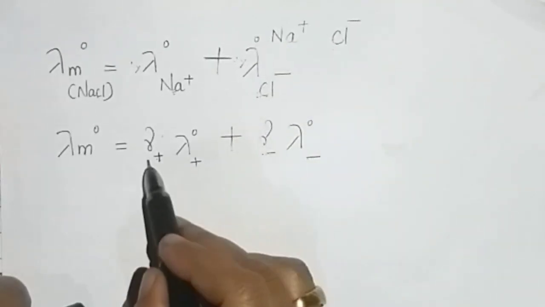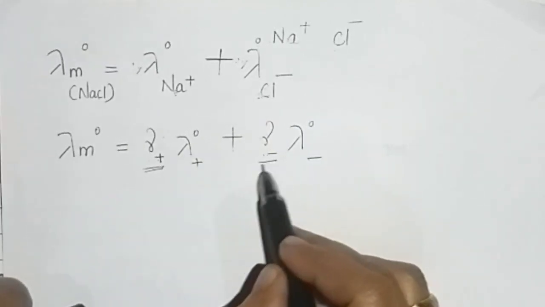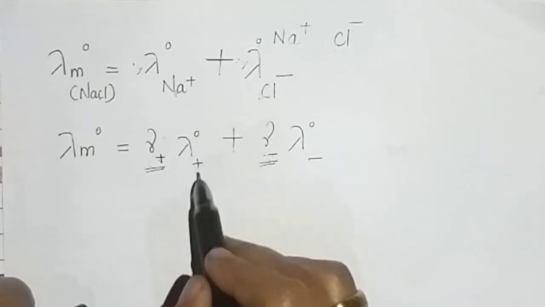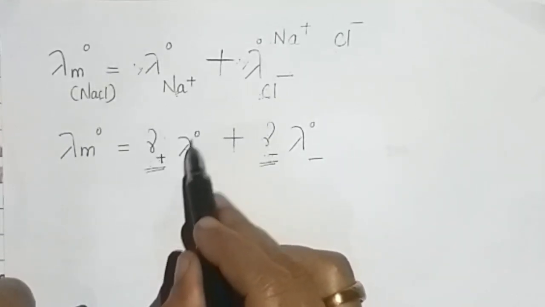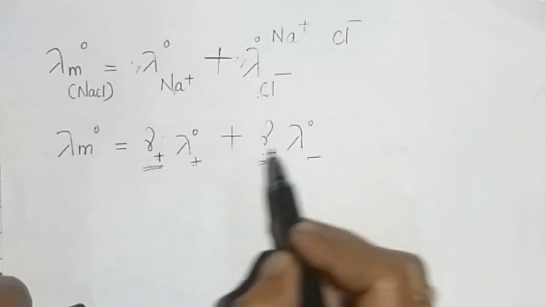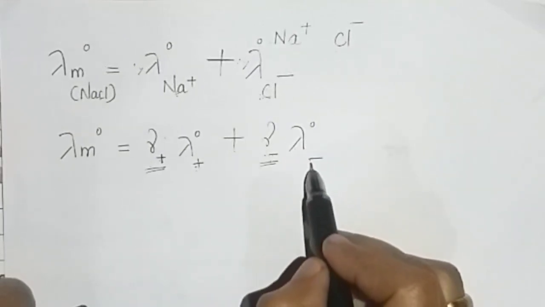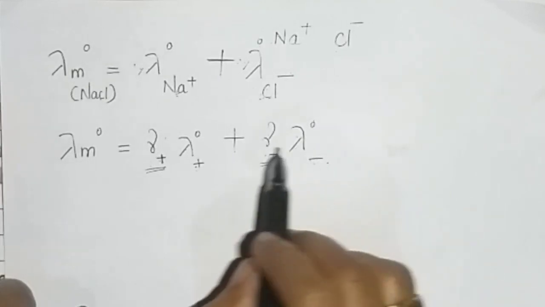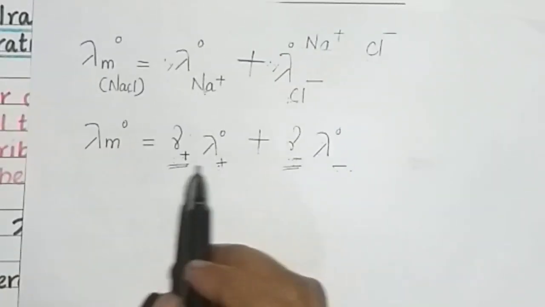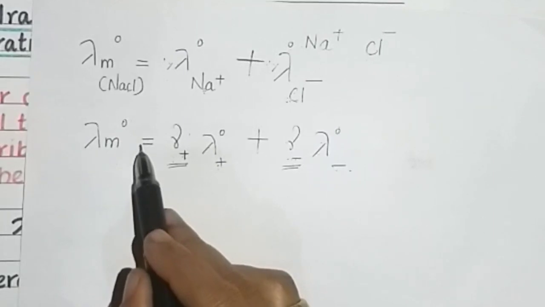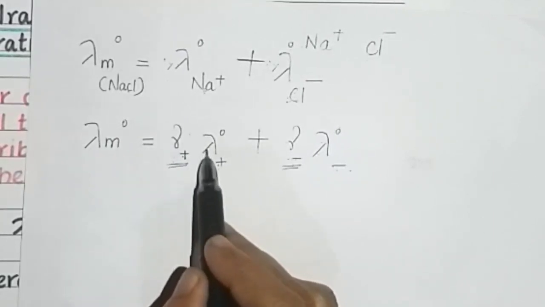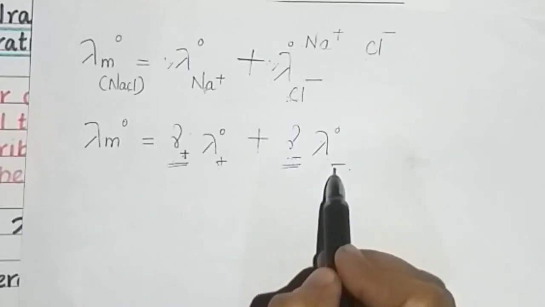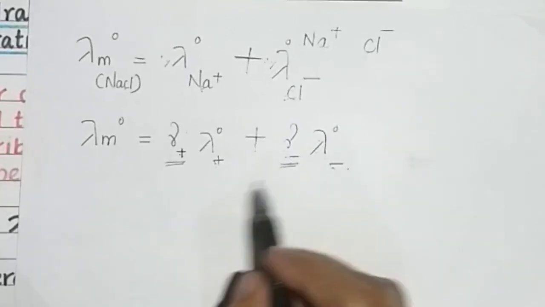Lambda 0 positive is the limiting molar conductivity of the cation and lambda 0 negative is the limiting molar conductivity of the anion. So generally we can write lambda m0 is equal to nu positive lambda 0 positive plus nu negative lambda 0 negative. This is the general expression.